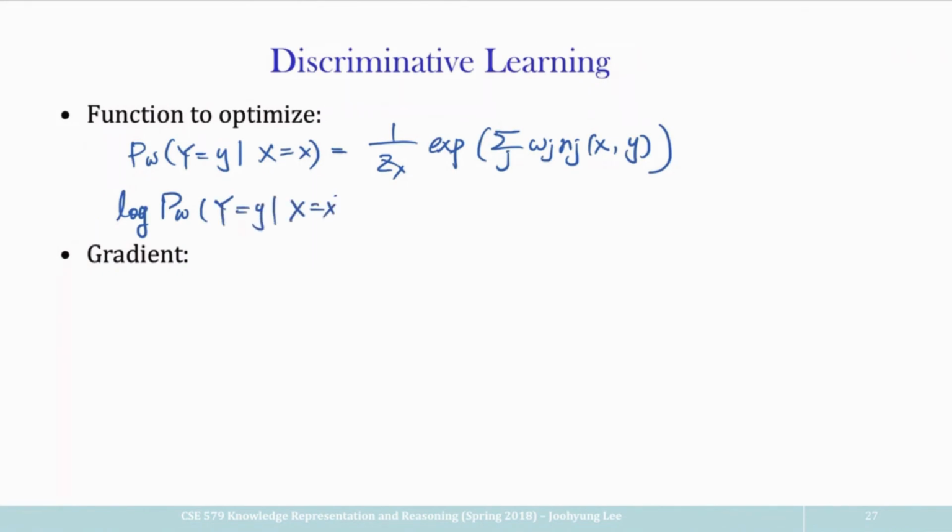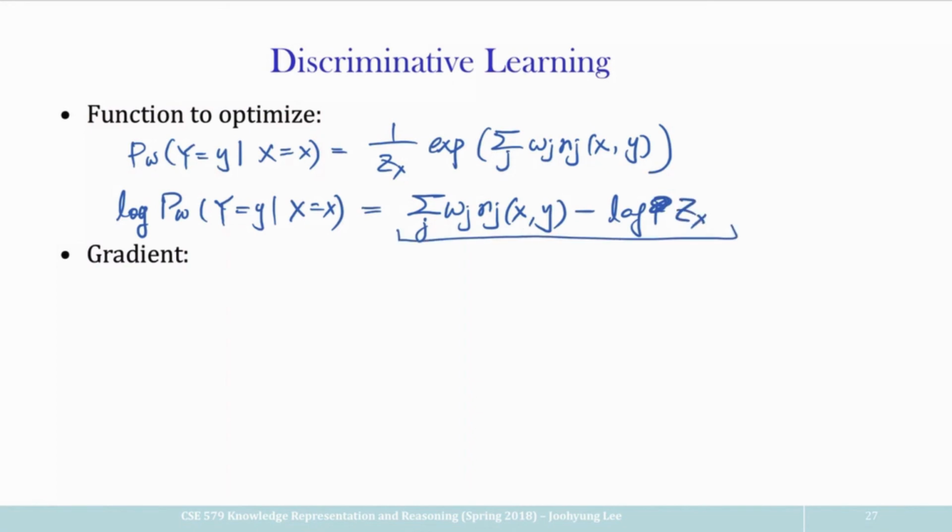So that is this one. Then the gradient here is the gradient of this log likelihood, and I'm not going to show you the same derivation as before. It's pretty similar to the previous derivation, except that we now have the evidence variable. So you can derive it in the same way as before.